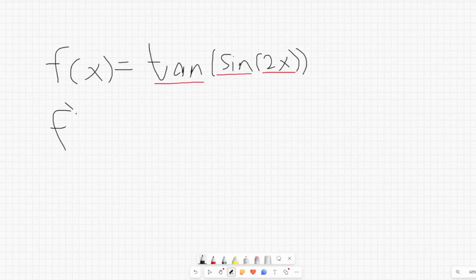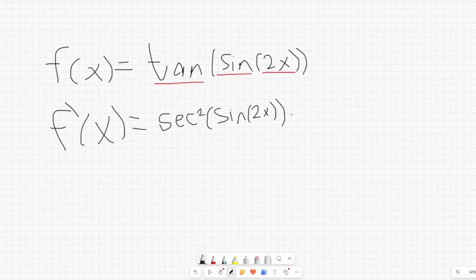All right. It's just the chain rule. So f prime of x. So we said the derivative of tan is secant squared. So then we keep the inside the same. And then multiply by the derivative of the inside. So derivative of sine is cos, so times cos 2x. And then times derivative of the inside, which in this case is 2x, so times 2. All right.